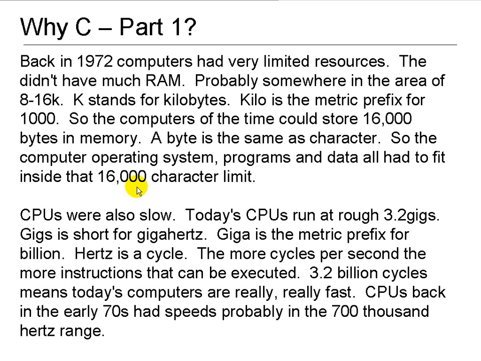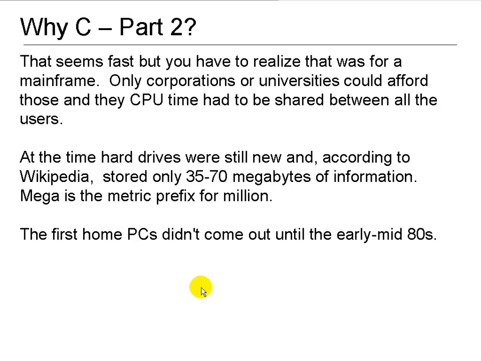CPUs back in the early 70s had speeds probably in the area of 700,000 hertz range, which is substantially slower. If you multiplied that by 10, you'd get 7 megahertz. So today's computer speeds are roughly 5,000 times faster.